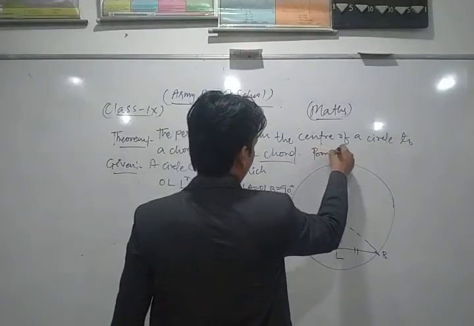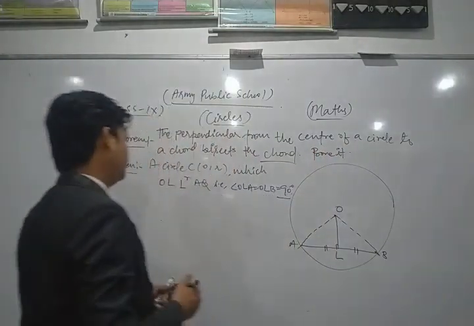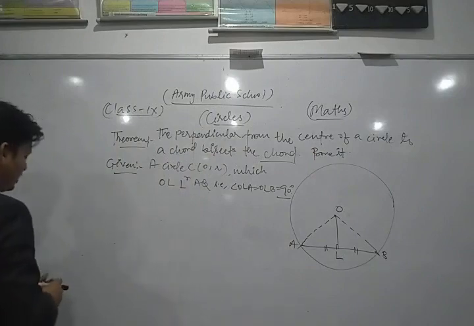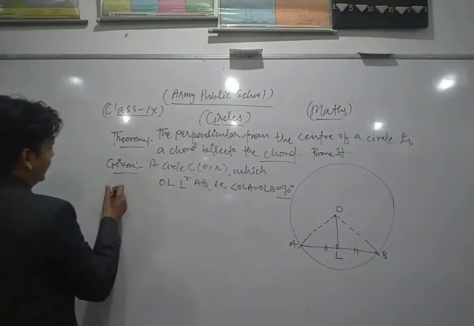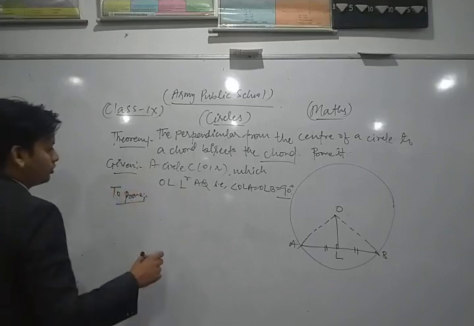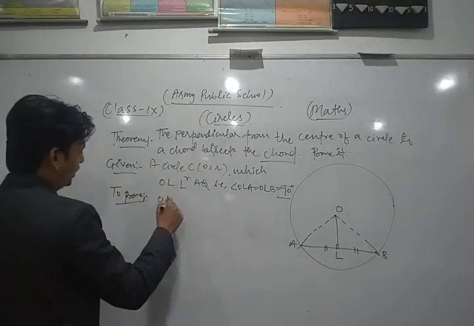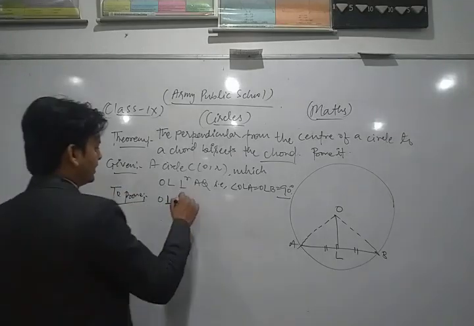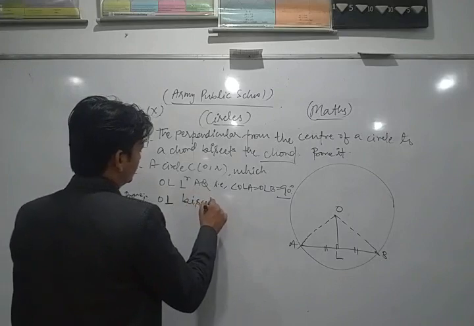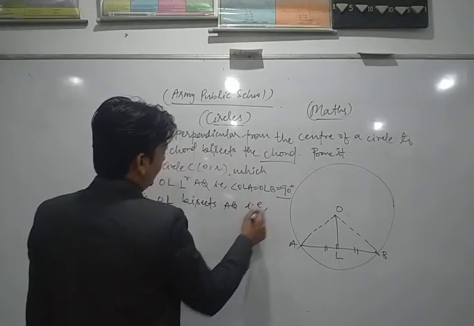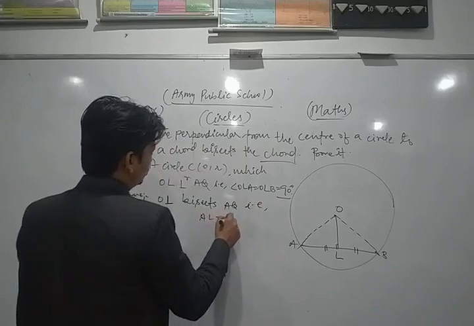After that we write to prove. We have to show that OL bisects AB, that is, AL is equal to BL.